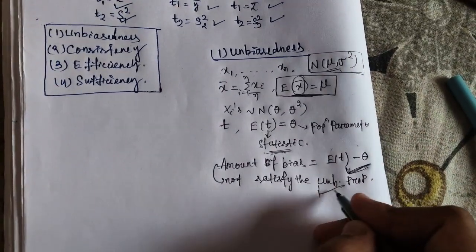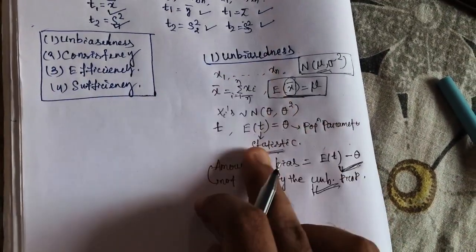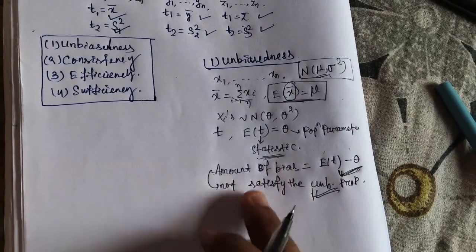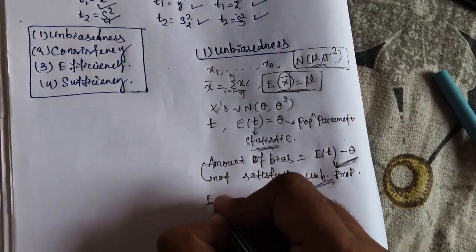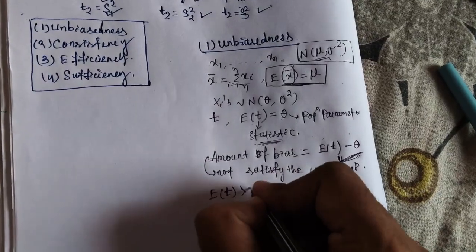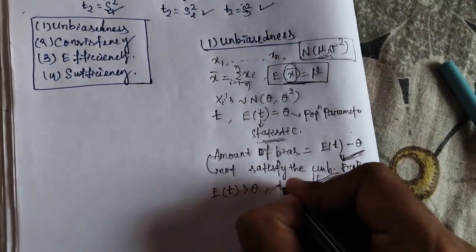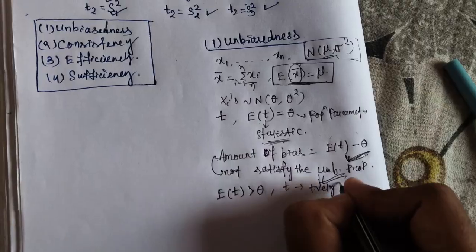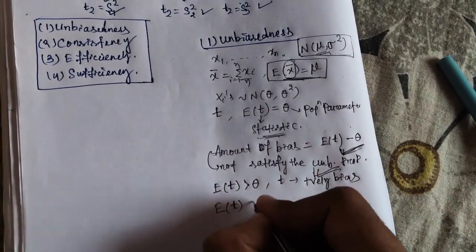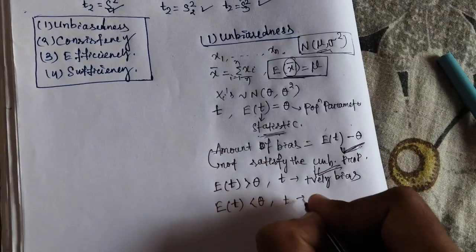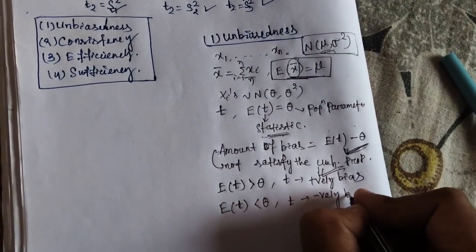Okay, so that's all about the unbiasedness property. Here you can take another concept: if expected value of t is greater than theta, then t is positively biased, and if expected value of t is less than theta, then t is negatively biased.